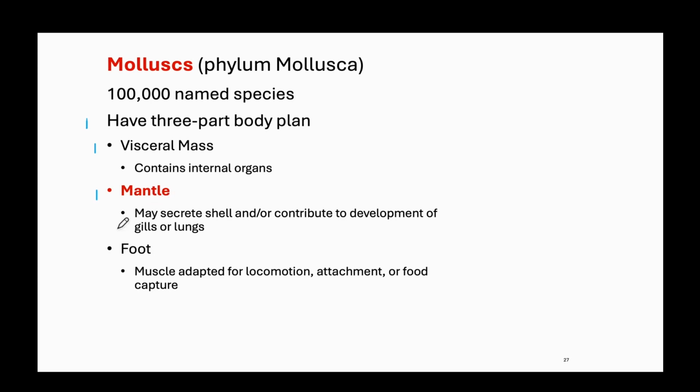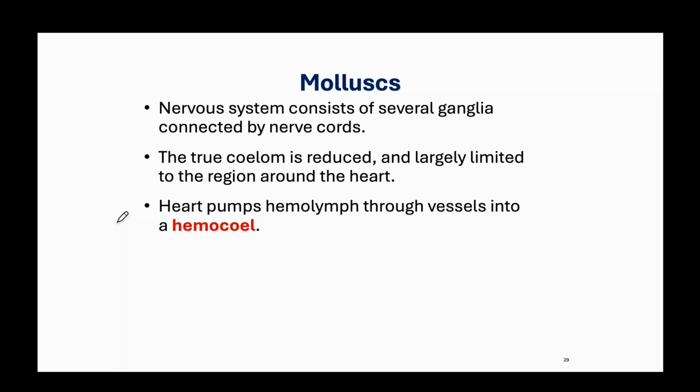And then the third thing we need to note is they have a foot that's adapted for locomotion, attachment, or to help capture food. They also have an open circulatory system, except for the class of cephalopods, which are mussels, clams, and squids.